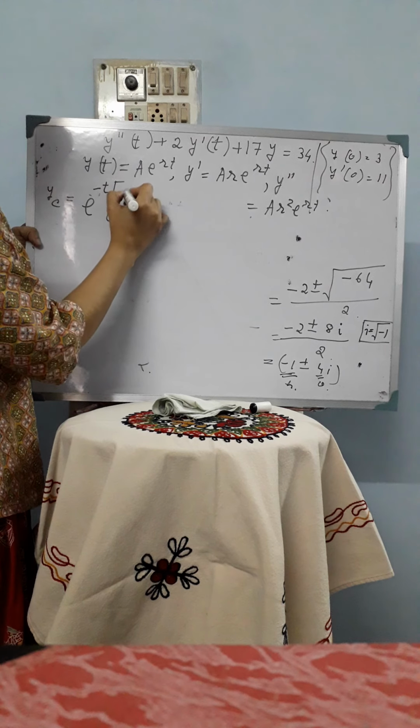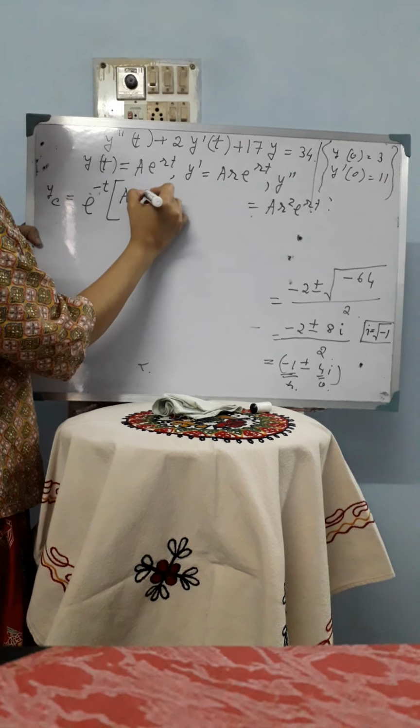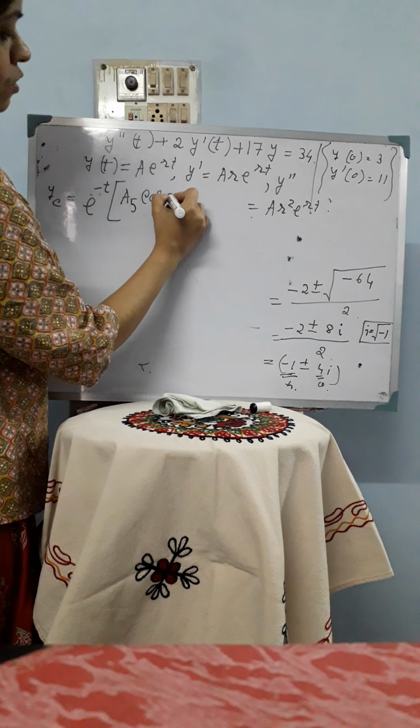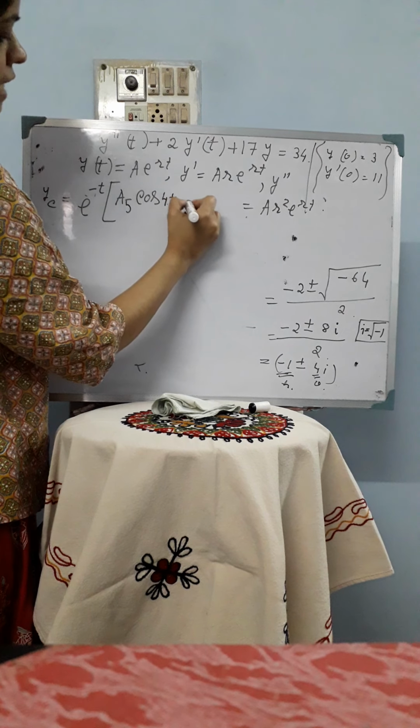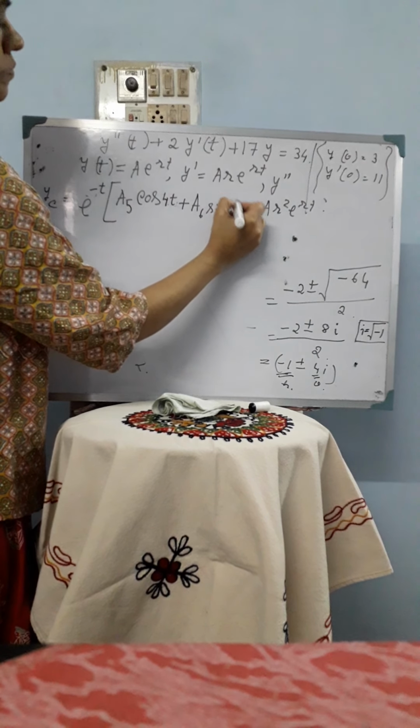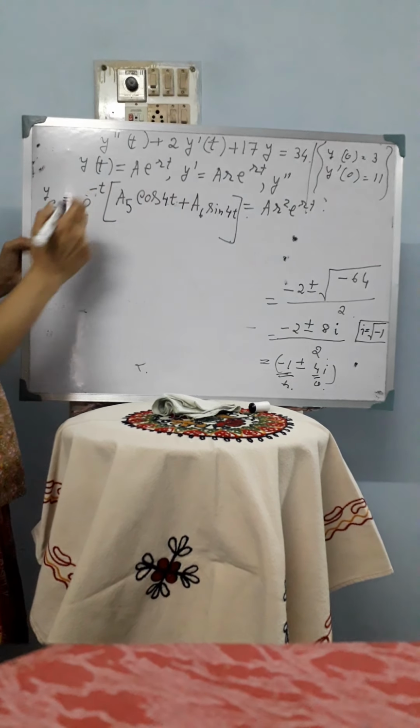Then within the bracket a5 cos vt. Now v is 4 here, so cos 4t plus a6 sin 4t. So this is our yc.